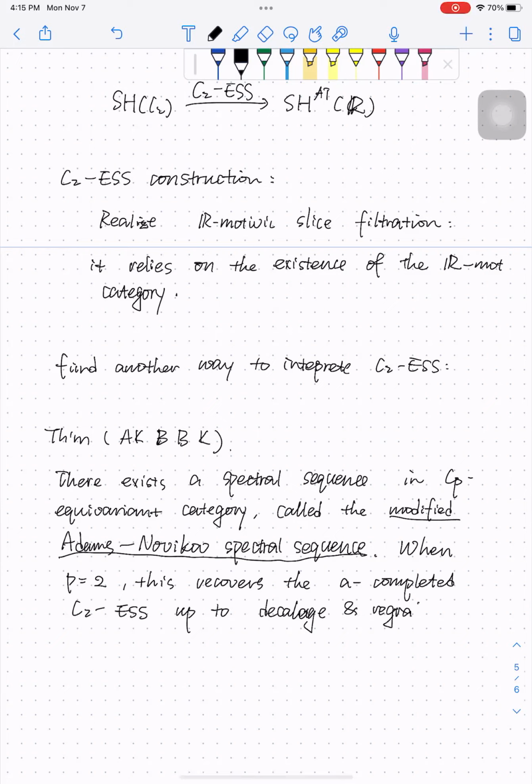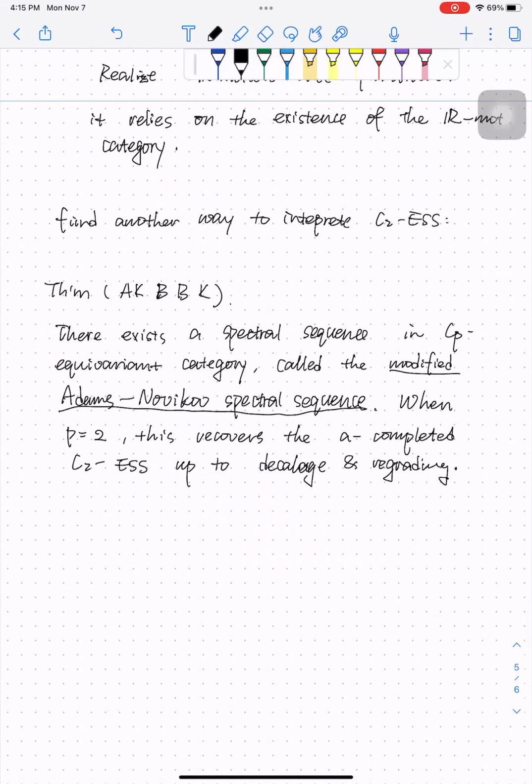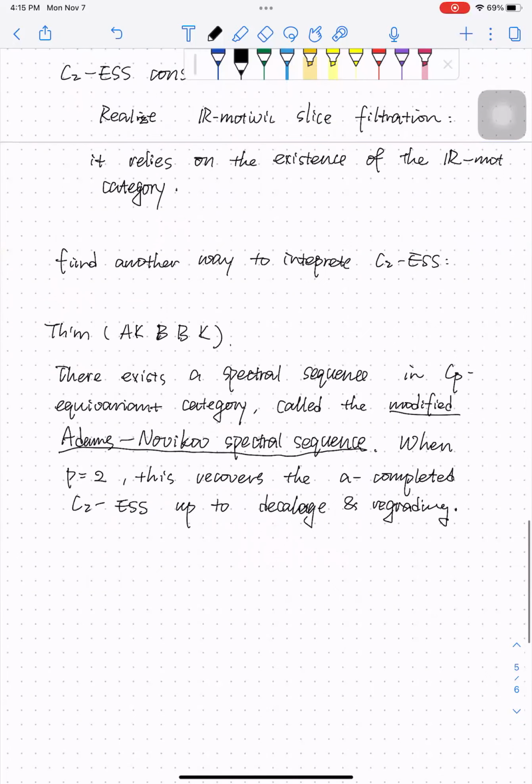Décalage here is some construction that allows you to shift pages. So the E1 page of the C2 effective slice spectral sequence corresponds to the E2 page of this modified Adams-Novikov spectral sequence.